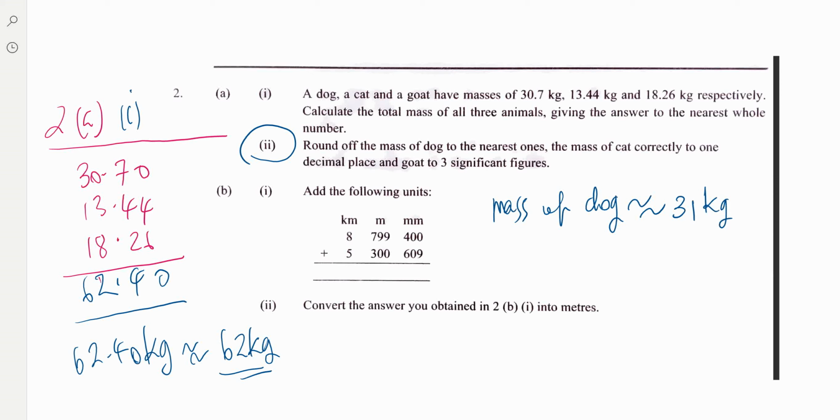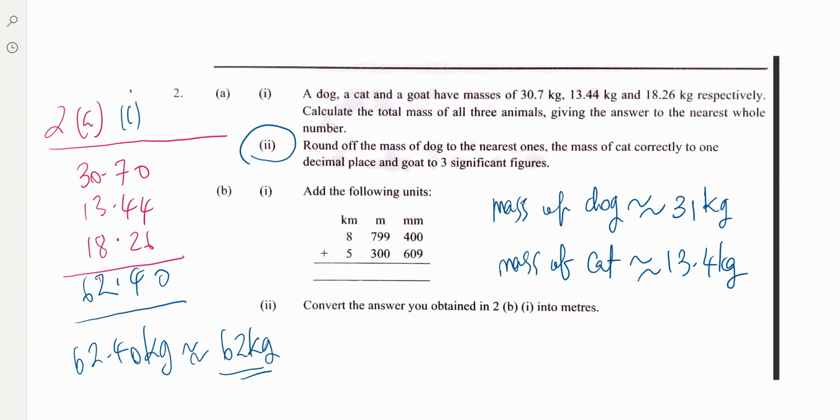Then the mass of cat corrected to 1 decimal place. So mass of cat must be equal to 13.4 kg, corrected to 1 decimal place. And the mass of goat to 3 significant figures.